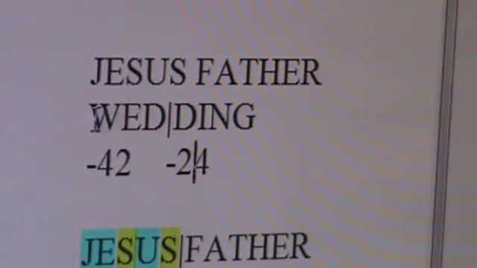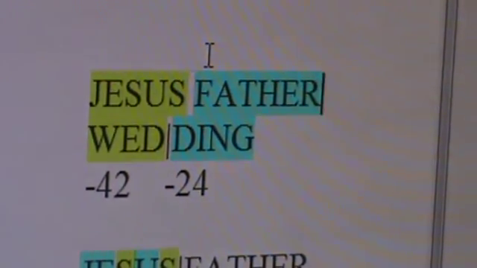Okay, so very obvious. And what's kind of neat about that is when you slice it like this, you take 3 letters from wedding, which parallels the 5 letters in Jesus, and you're left with 4, one more, to parallel Father, just like in Jesus and Father. Okay, so the word wedding is because a wedding is a binding together of 2 people. It's all about relationship.